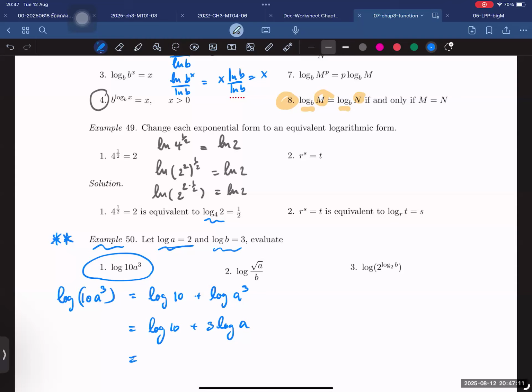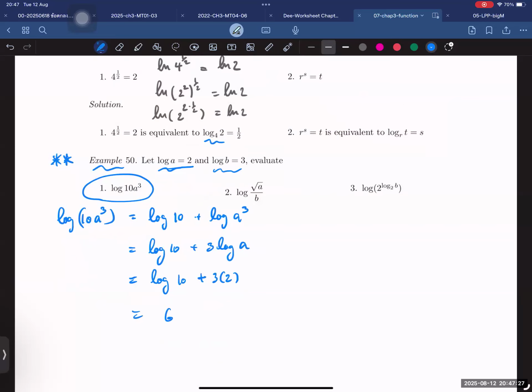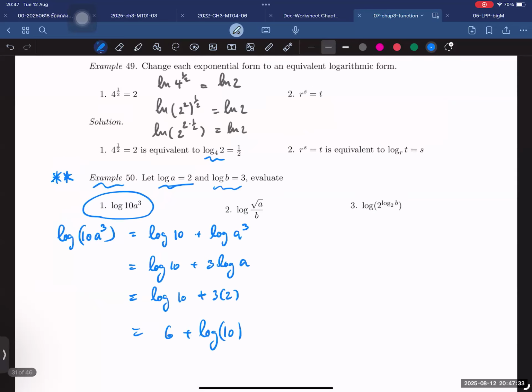Because they already gave you log of a, log of a is 2, right? So we got here log 10. Maybe we can just leave it at log 10. So that is plus 3 times 2. So we got 6 plus the log of 10. If they give you the log of 10, we can solve for it.